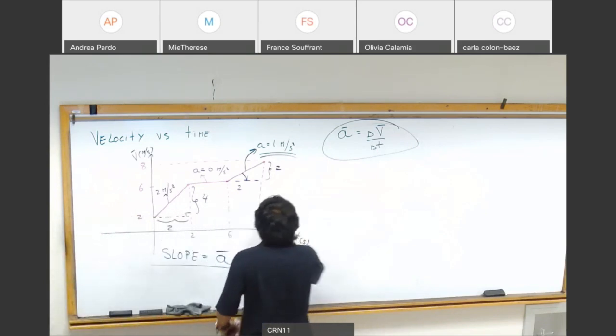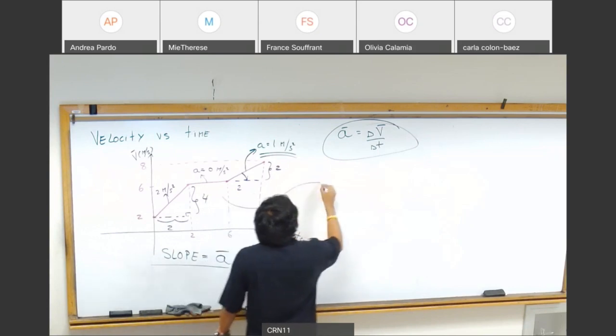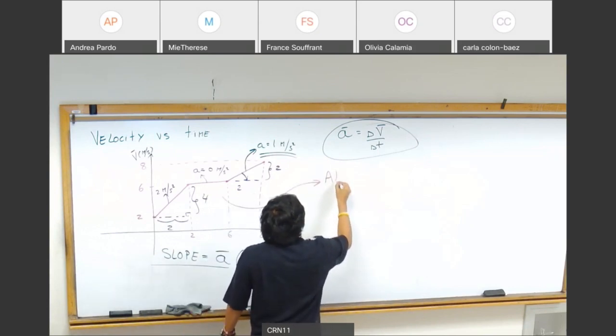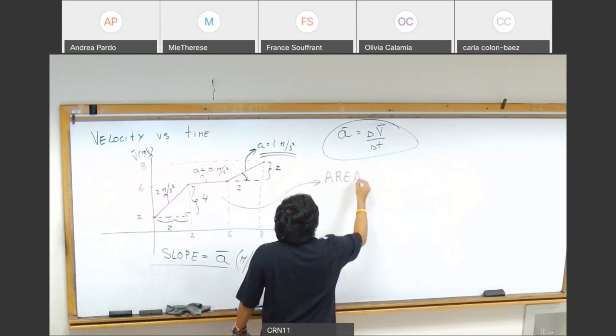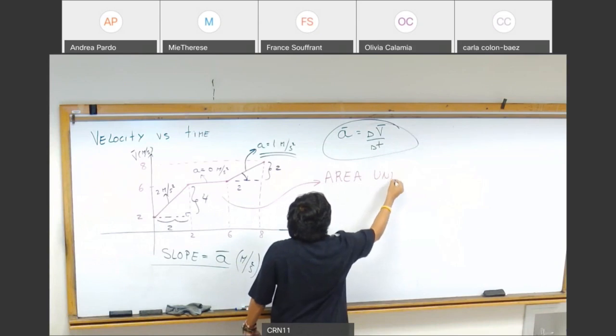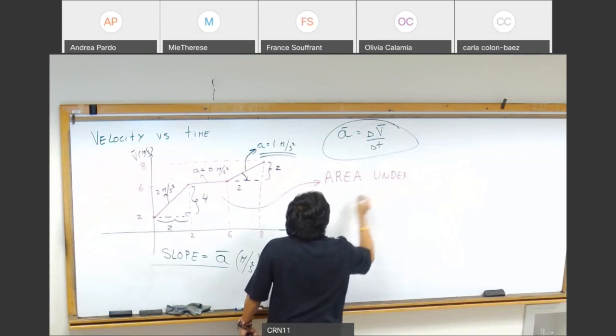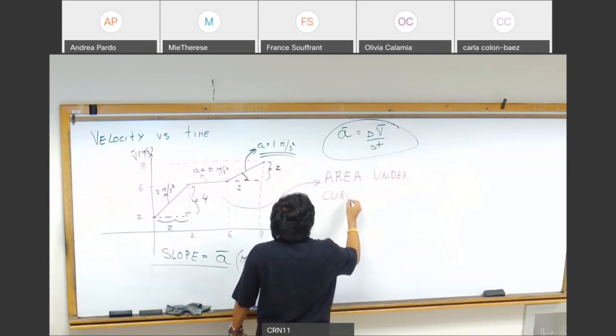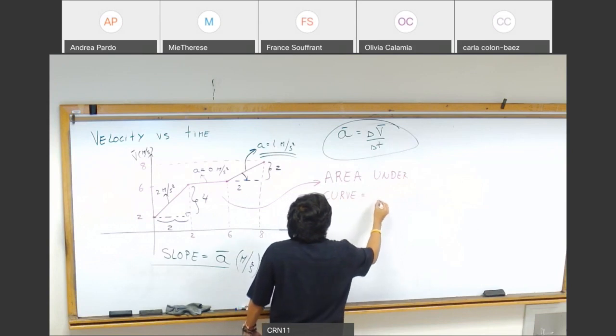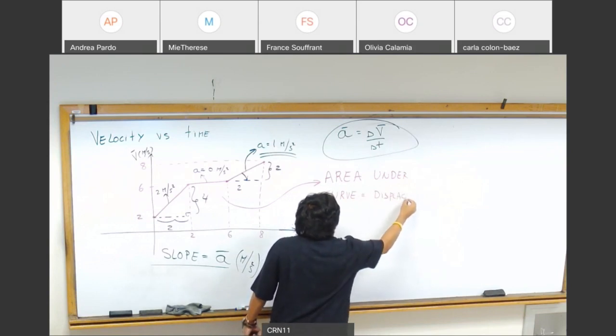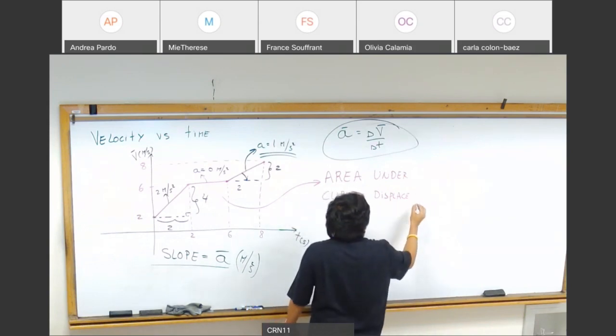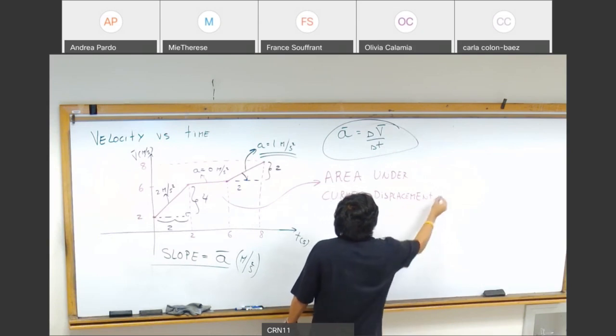So let's write here: the area under the curve or the graph is equal to the displacement slash distance.